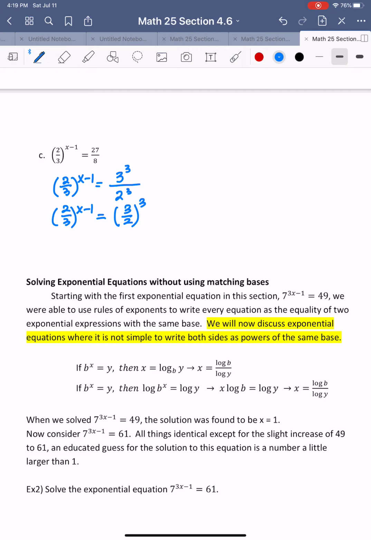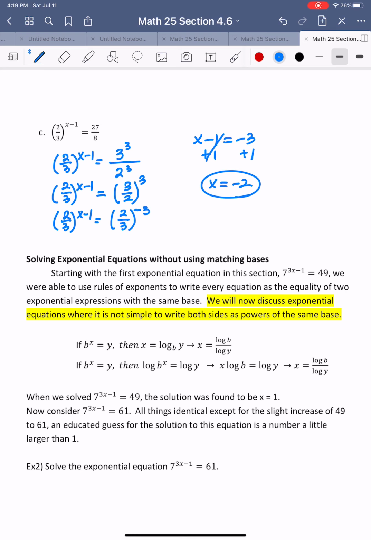But it's still not the same base, so what you can do is, I put the 2/3 to the x minus 1. Now if you flip the base, it becomes a negative third power. So now we match the base, so you can set the exponents equal to each other and solve for x. x equal to negative 2 is the answer.